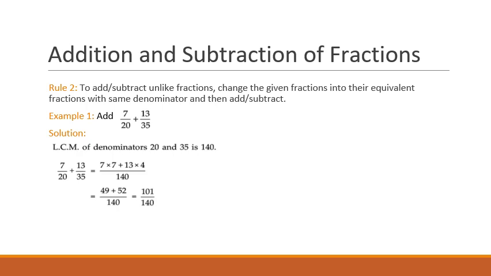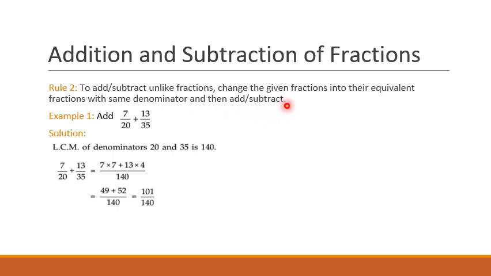Now let's see how to add or subtract unlike fractions. To add or subtract unlike fractions, change the given fractions into their equivalent fractions with the same denominators and then add or subtract.